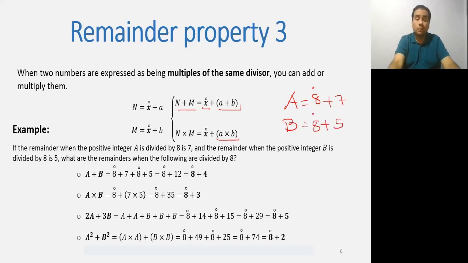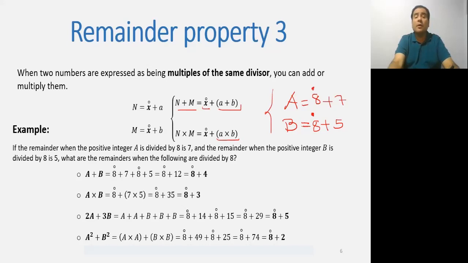So you can see that these are the two numbers here. How can we express the sum of the two numbers?